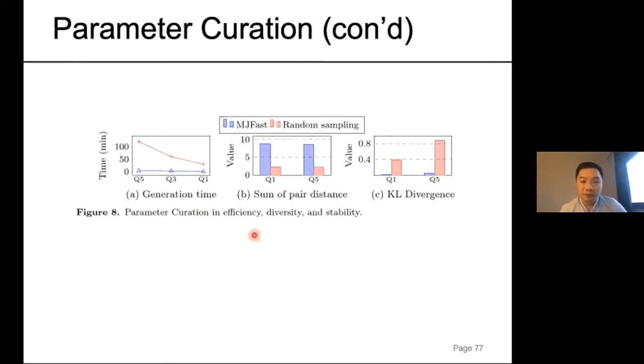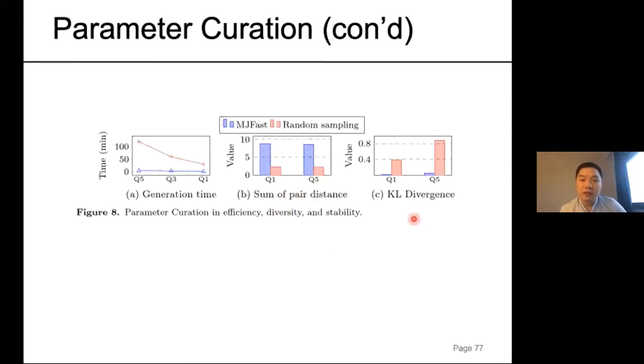And the second picture shows that the parameter curated by our approach has a much higher, approximately 3 times larger diversity compared to the random sampling.